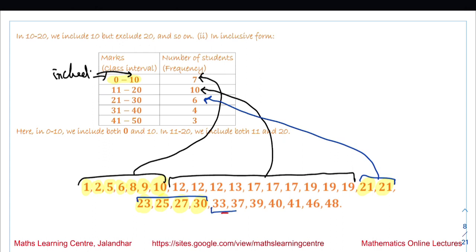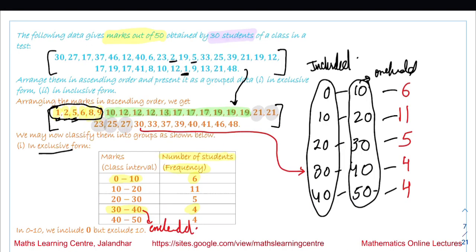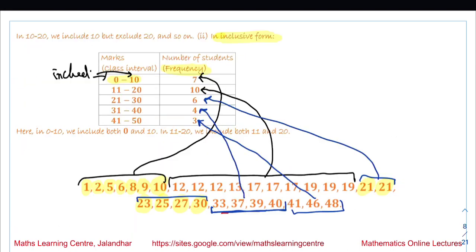Similarly, up to 40, these are the numbers between 31 and 40, and these three numbers are between 41 and 50. This is the frequency distribution in the inclusive form. In the previous part it was the exclusive form, so the frequencies are different in both cases.